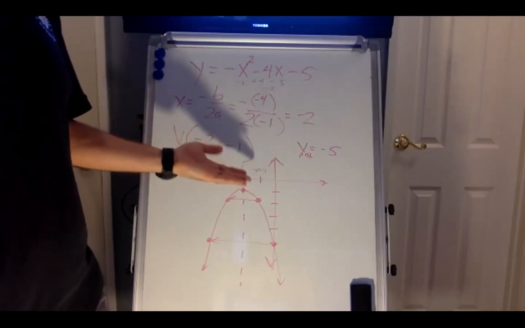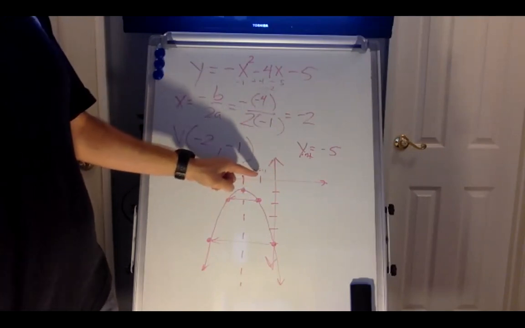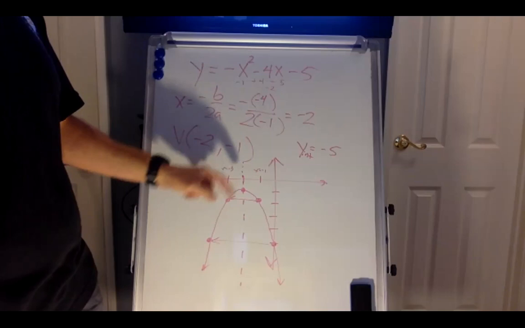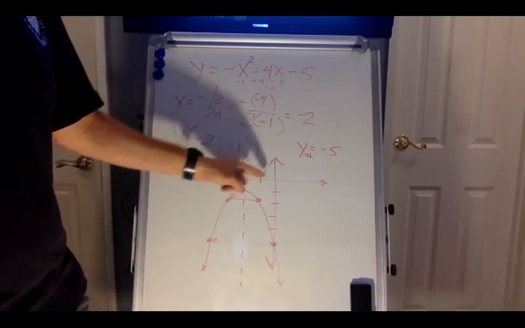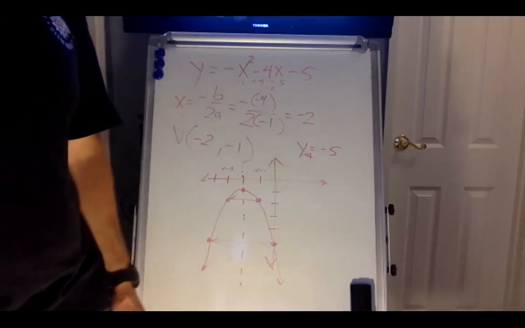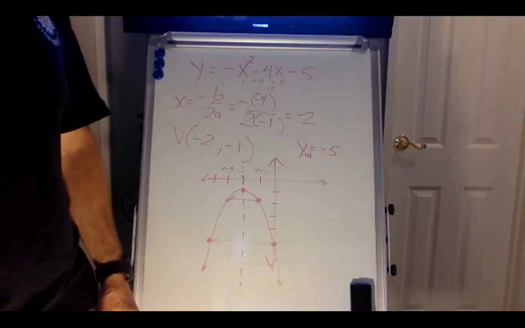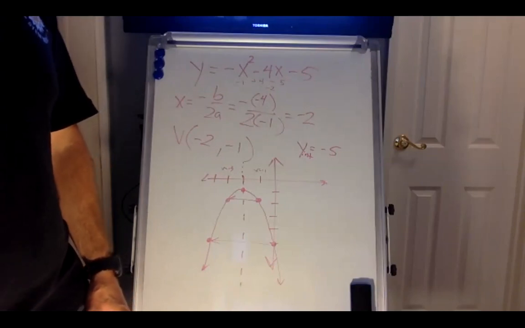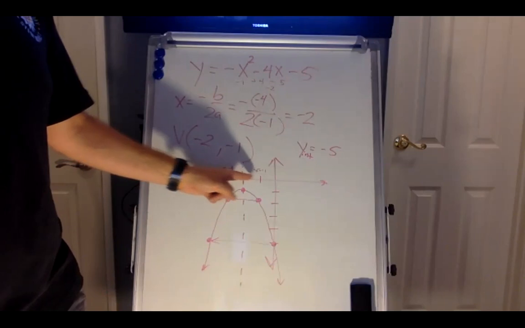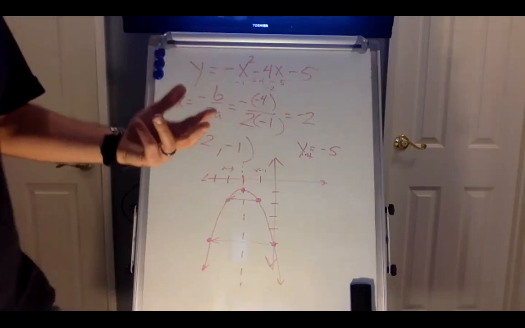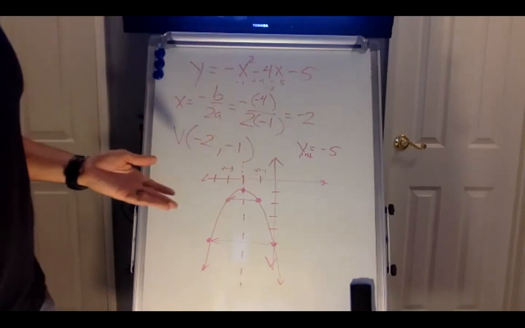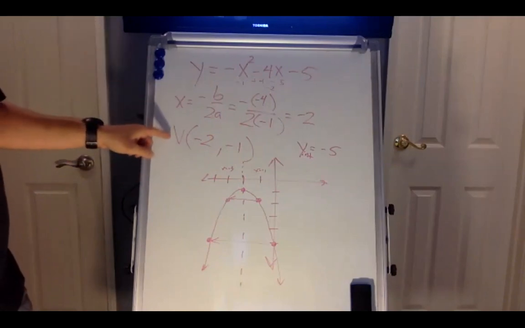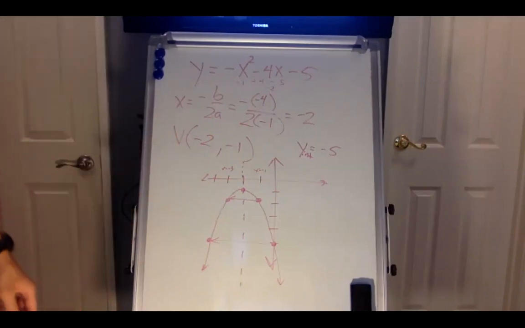If you're not sure why I tried x is negative 1, it's because it's very close to the vertex. The points otherwise are going to get away from you. They're going to go far up or down from where you were. So to keep them close, you start with x's that are close to the vertex. So rule number 1, what you want to write down, is first step should be finding the vertex. Okay. So we need at least 5 points.